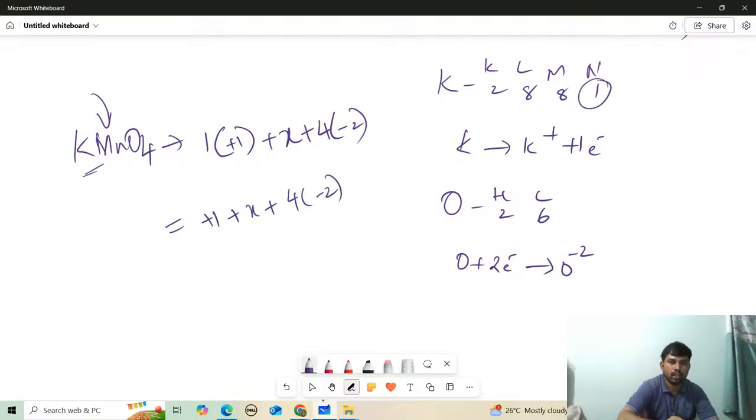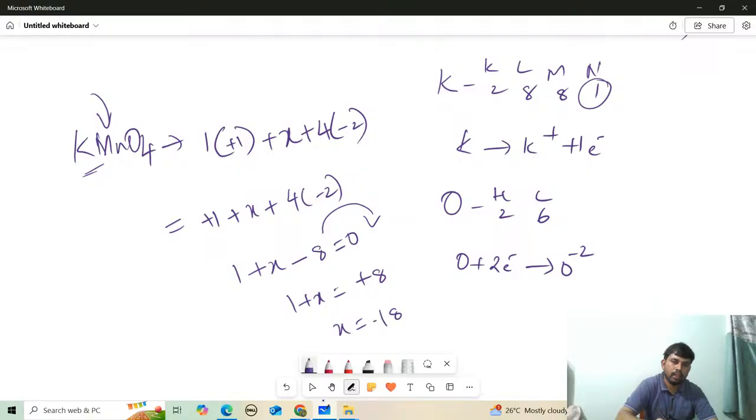So you can write 1 plus x minus 8 is equal to 0. So 1 plus x is equal to, sending this side, it becomes positive 8. x is equal to 8 minus 1, so x is equal to +7. If you know this way, then when one more component comes on the right side, you should compare with those things. Okay.